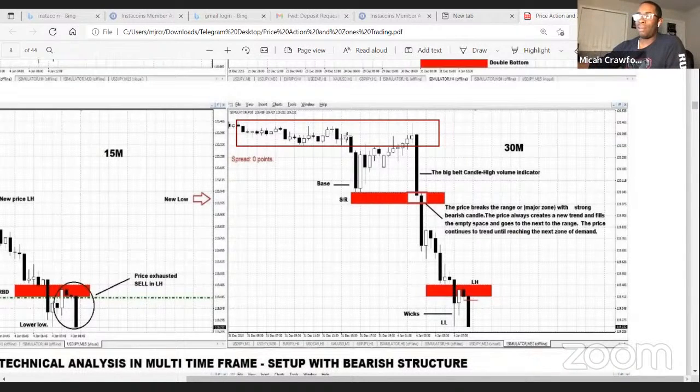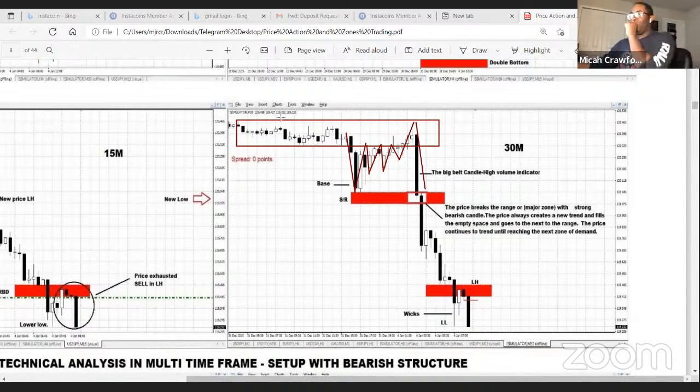So you had a drop, a break of consolidation, a pullback, 1, 2, 3, 4, and then this huge drop.